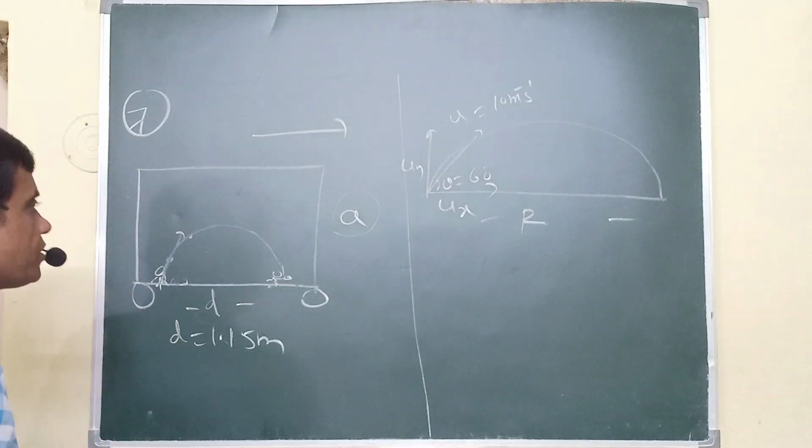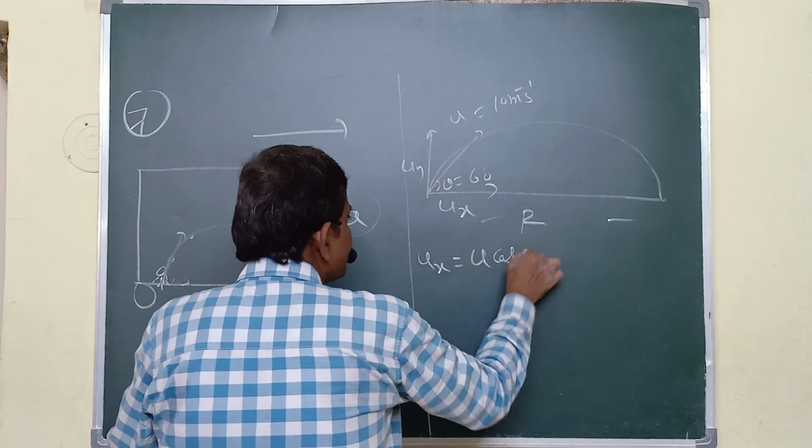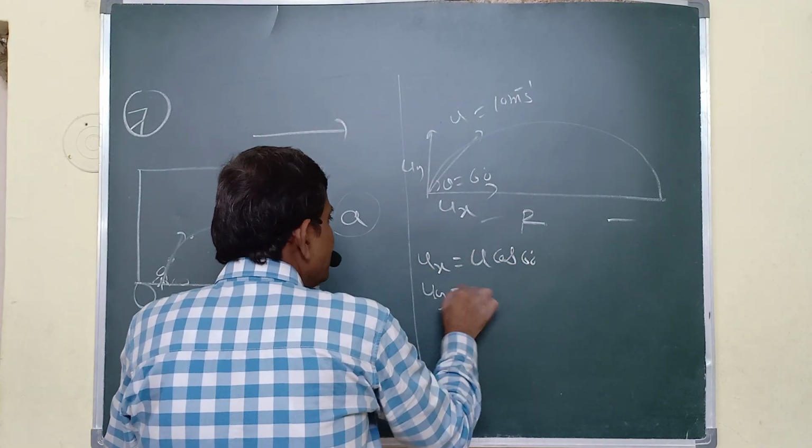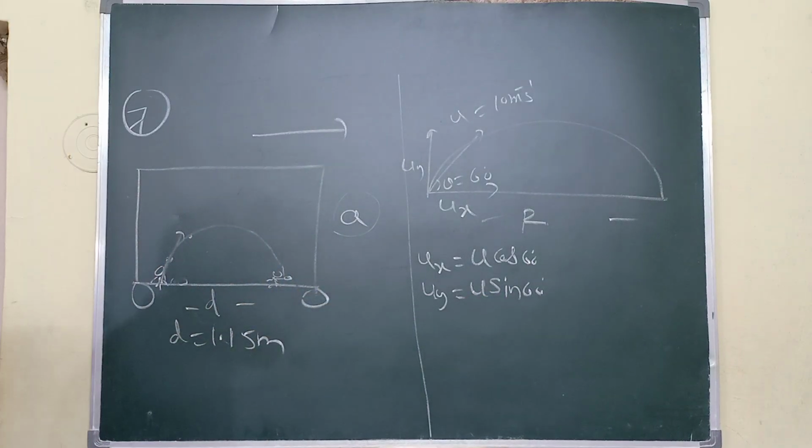Now, ux equals u cos 60 degrees. Similarly, uy equals u sin 60 degrees. So first I am doing the resolution of vectors.